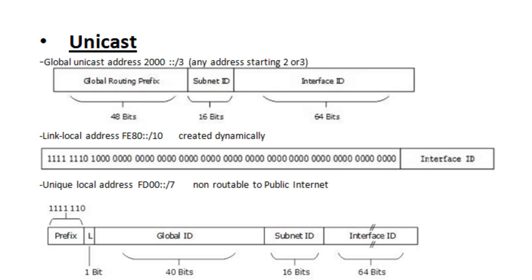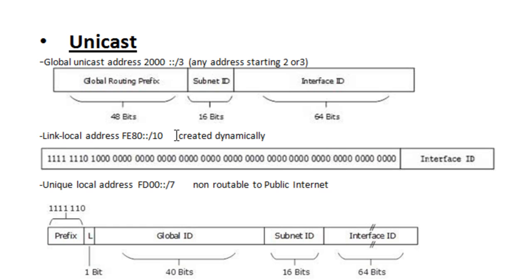So keep that in mind. As you see up here, the first 48 bits are what we call the global routing prefix. It is what the service provider will give you, and it is what you use to do the subnetting in your organization. The address will always start with 2 or 3.